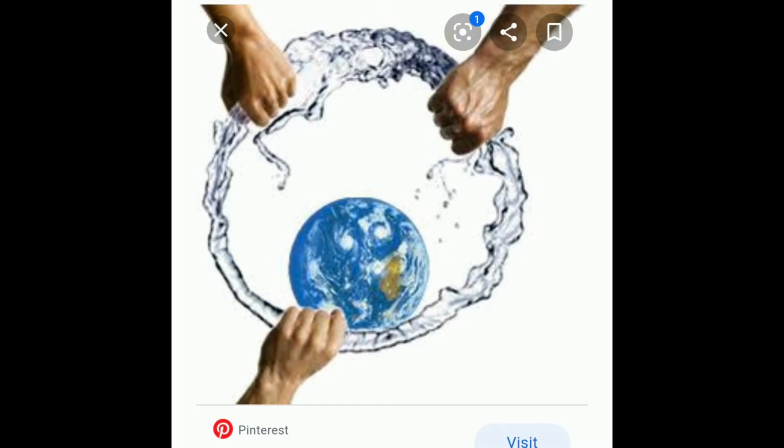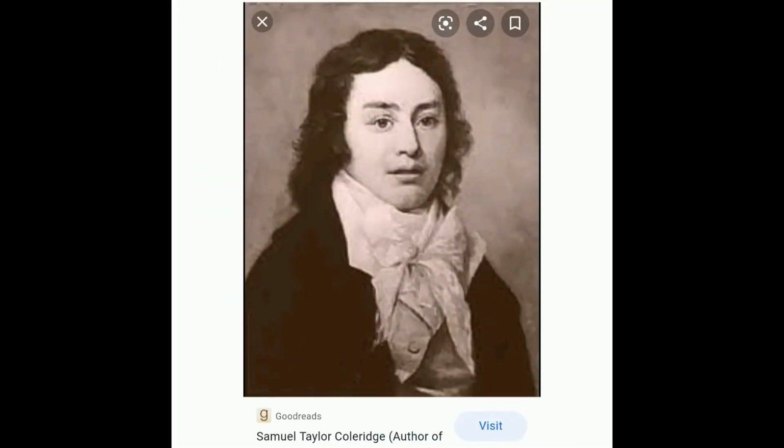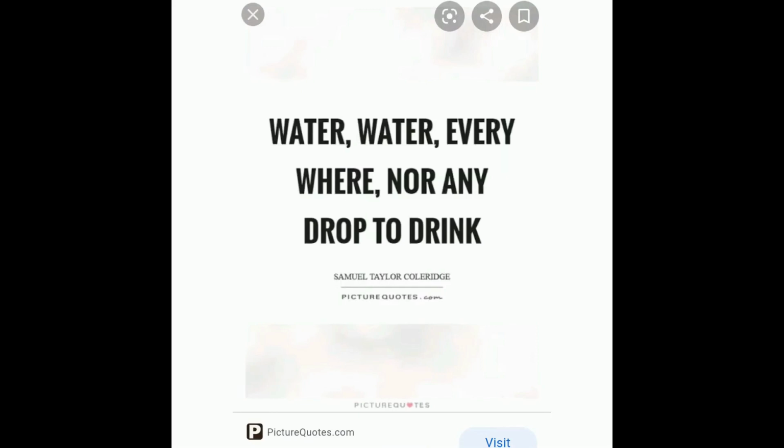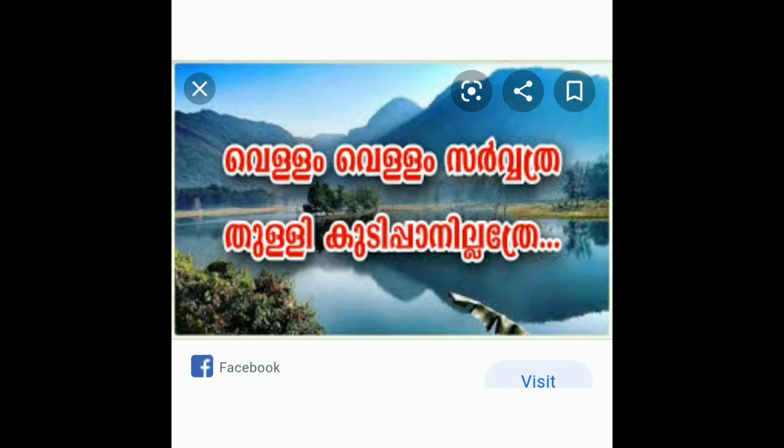Samuel Taylor Coleridge, an English poet, has a famous quote that says, "Water, water everywhere, nor any drop to drink." Translated to Malayalam, "വെള്ളം വെള്ളം സർവത്ര തുള്ളി കുടിപ്പാനില്ലത്രേ." Water, water everywhere, nor any drop to drink.